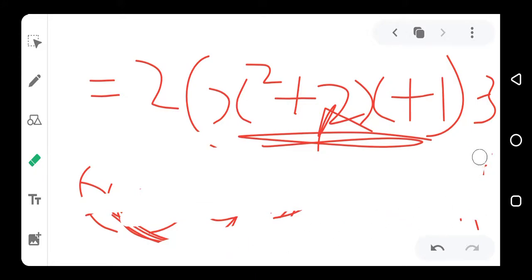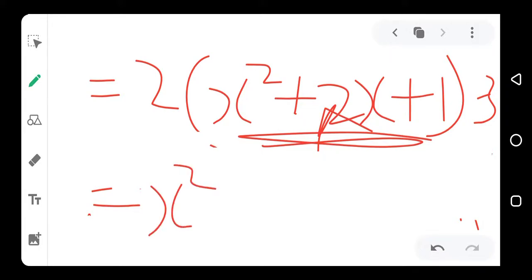Now we simplify this to get our final answer. So our final answer is going to be x raised to power 2 plus x raised to power 2 plus 4x, that is 2x raised to power 2.